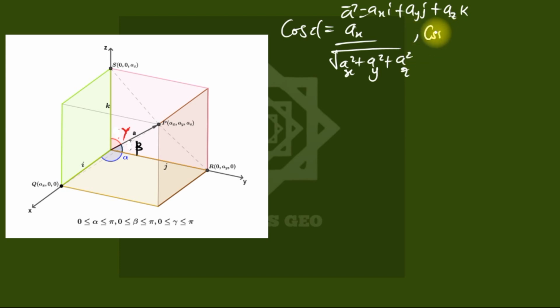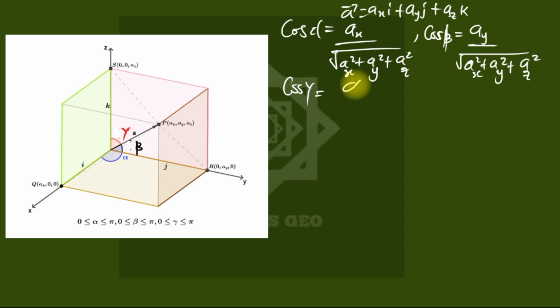Also, cos beta is this. We've proved that in my previous video, so we don't need to waste time. And cos gamma is a_z over the square root of that.